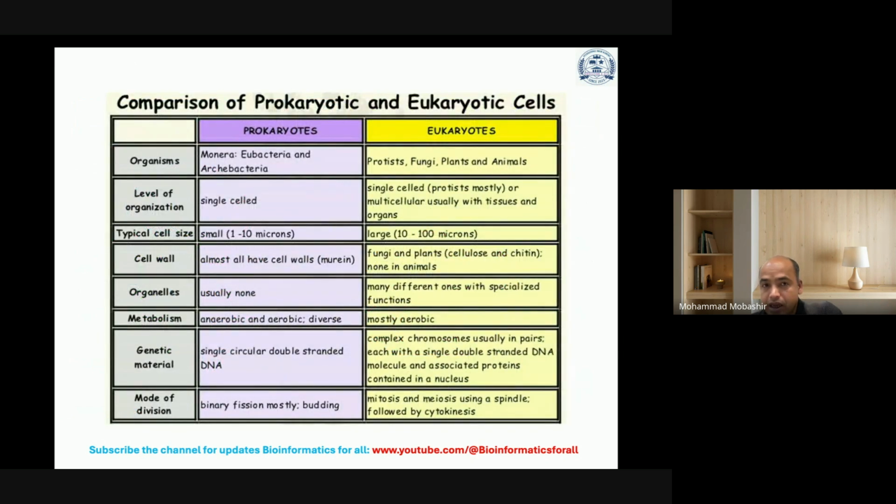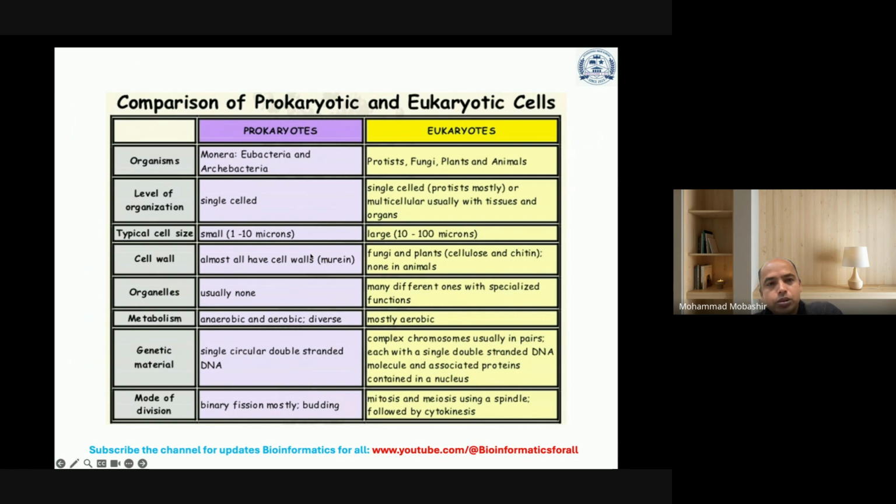Now, if you want to understand in terms of text, let's say a comparison of prokaryotic and eukaryotic cells or organisms, examples: Monera, then eubacteria, archaebacteria, protists, fungi, plants, animals. Levels of organization, that is single-celled, and could be multicellular also. Then typical size of a cell, 1 to 10 microns in prokaryotes, and 10 to 100 microns in eukaryotes.